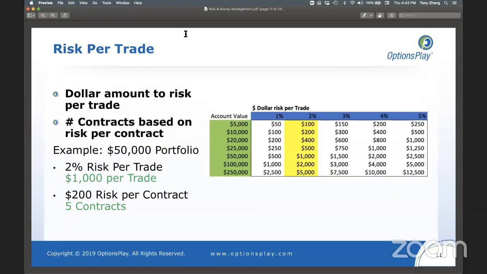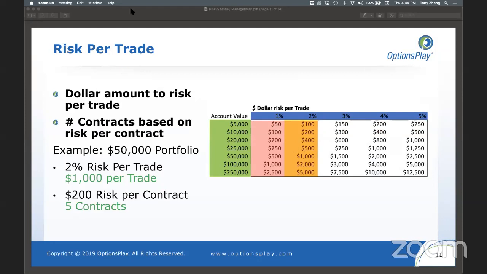So with that, again, just to reiterate, what you want to do is make sure that you have a set dollar amount you're willing to risk per trade, and that dollar amount is driven based on your account value. So depending on your account value, you want to make sure that you stick to a number in between these two numbers that will help you determine how much you want to risk per trade.